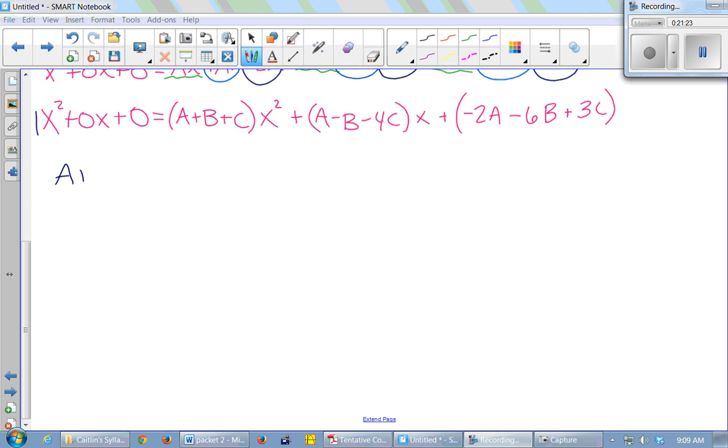So a plus b plus c has to be 1, because the x squared coefficients have to be the same. The x coefficients have to be the same, so a minus b minus 4c has to be 0. And my constant terms have to be the same. Negative 2a minus 6b plus 3c has to be 0.